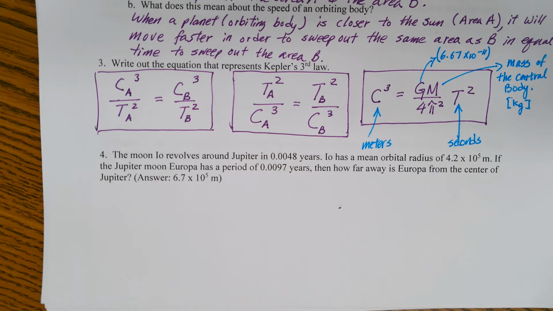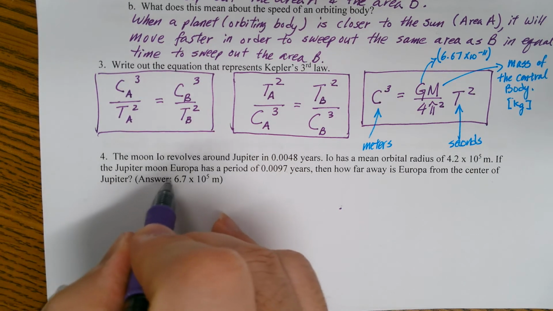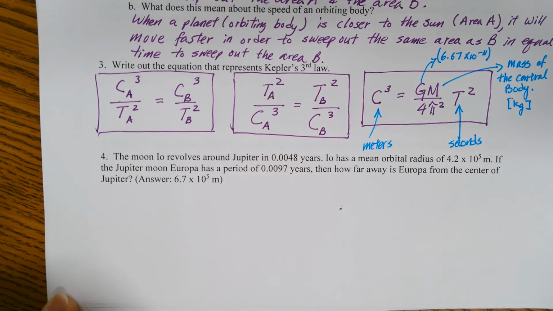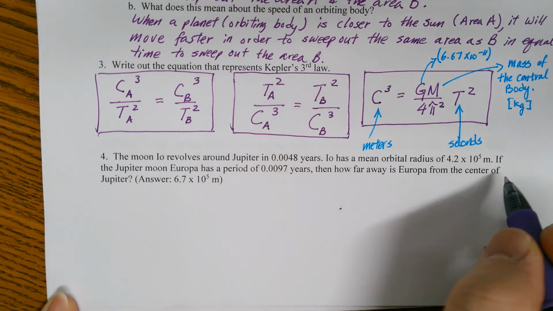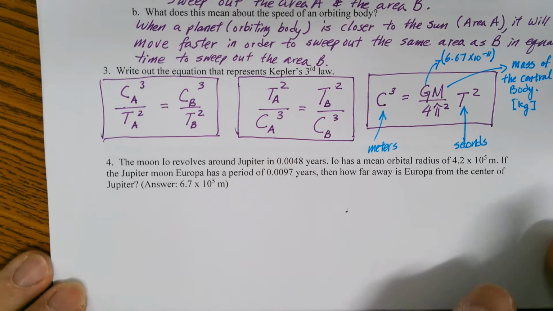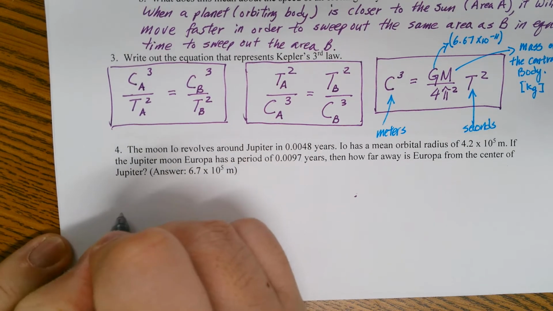If Jupiter's moon Europa has a period of this many Earth years, then how far away is Europa from the center of Jupiter?